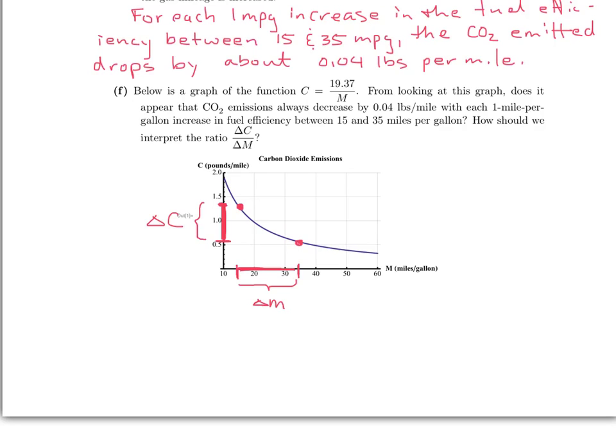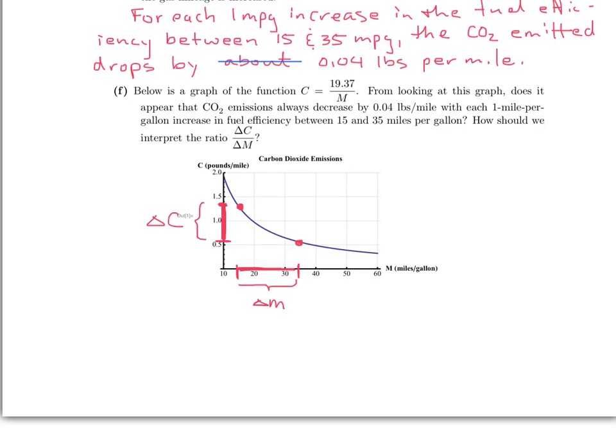So it appears that our interpretation above, in other words, the sentence, is not quite correct. We should cross out the word about. So let's go ahead and do that, because that doesn't seem to be what we're seeing. So if that's the case, if this is not quite correct, then how should we interpret the ratio?